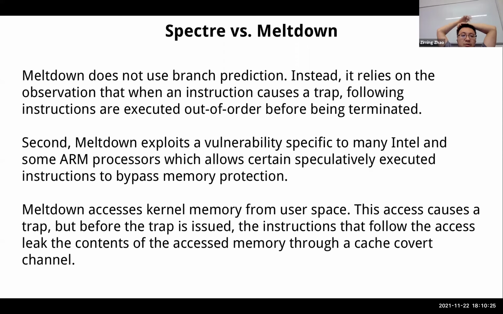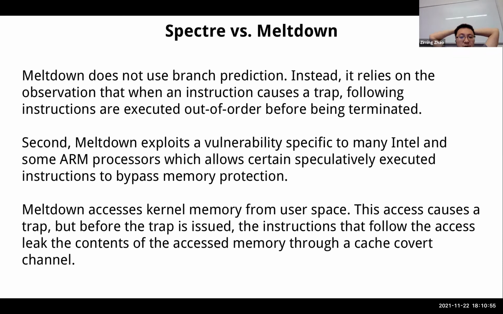Also, Meltdown exploits a vulnerability specific to Intel and ARM processors, which allows certain speculatively executed instructions to bypass memory protection. So with that out of order execution, you can see the idea is very similar. It's also one kind of speculative execution.